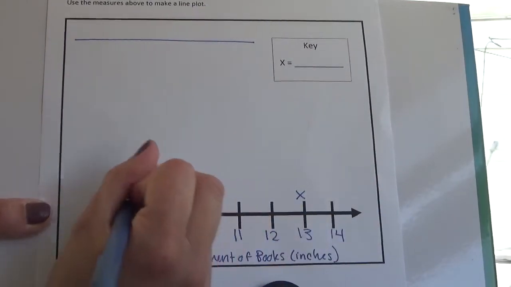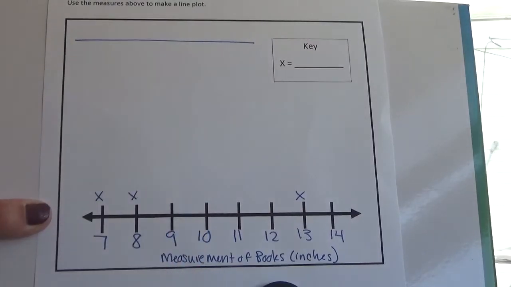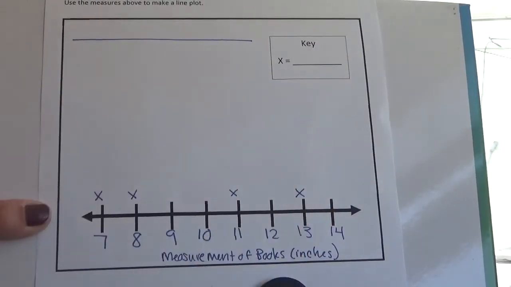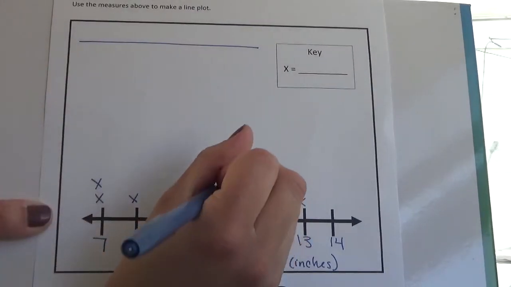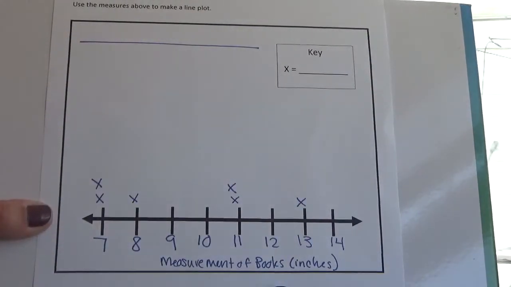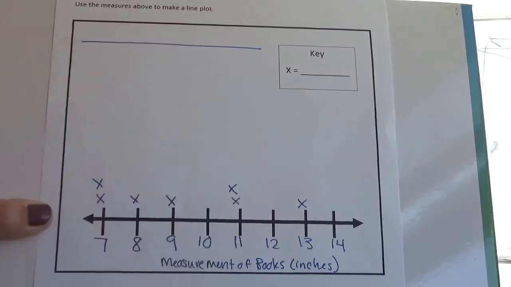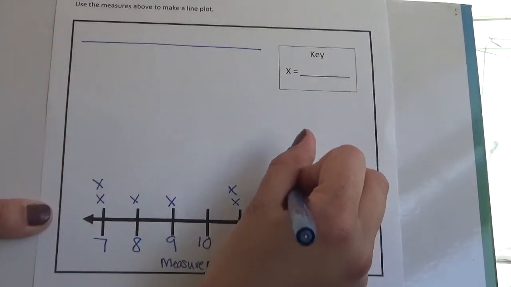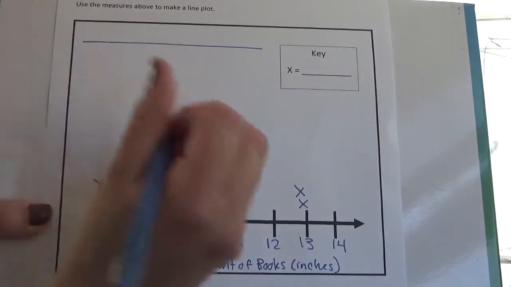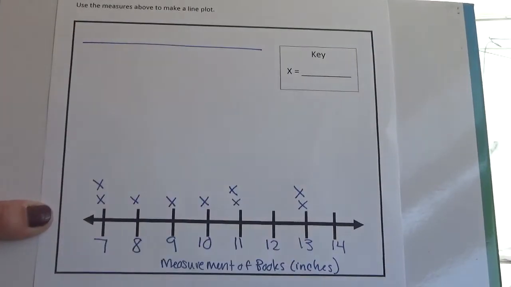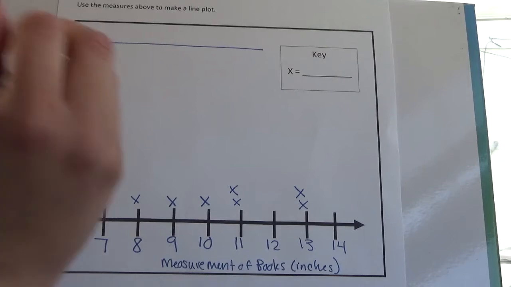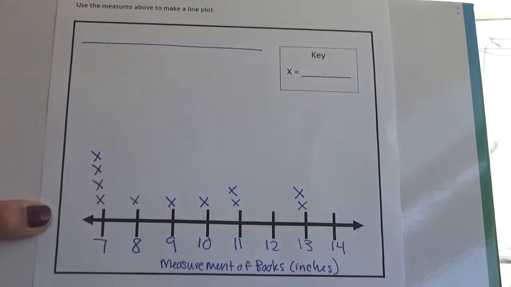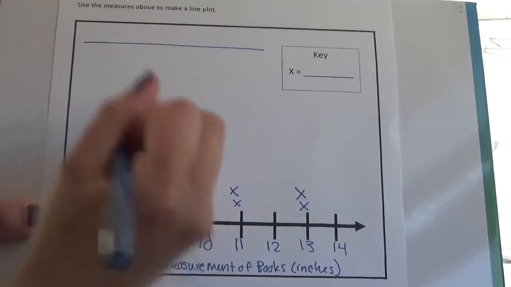Book 3, 8 inches. Book 4, 11 inches. Book 5, 7 inches. Book 6, 11 inches. Book 7, 9 inches. Book 8, 13 inches. Book 9, 10 inches. Book 10, 7 inches. Book 11, 7 inches. Book 12, 8 inches.